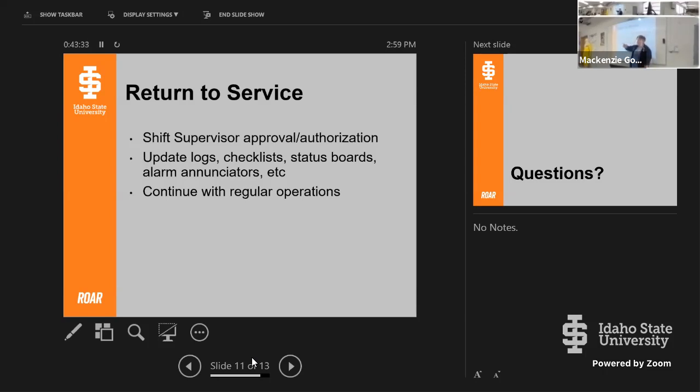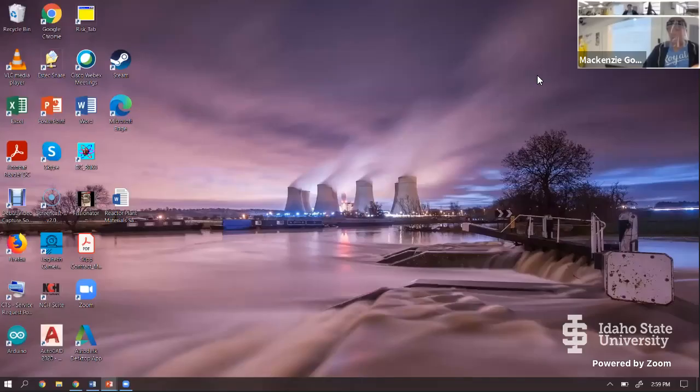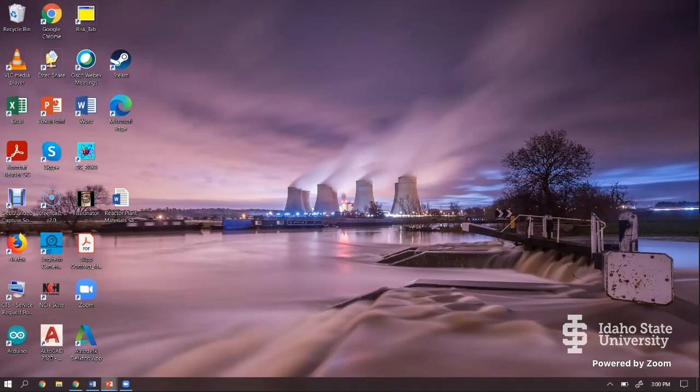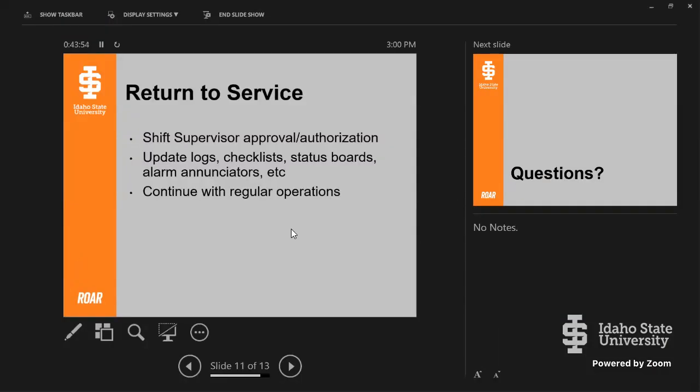Then they put it back in service. They have to tell you to clear your alarm so you're ready and able to receive that alarm again if it actually goes out of service. Does that make sense? Why we have to do that process? Everybody online, are you following? Yep, that makes sense. Okay, great.